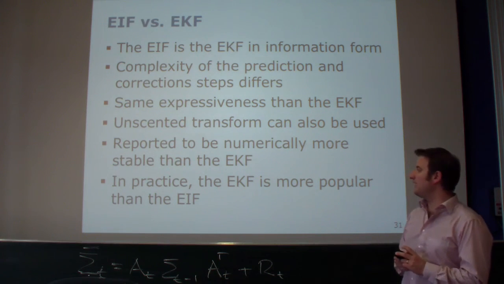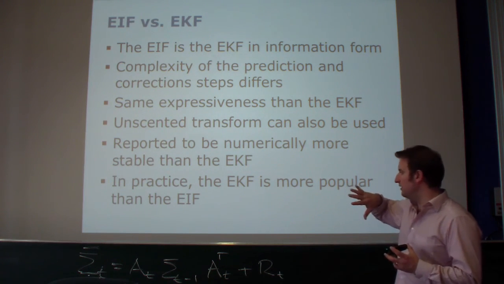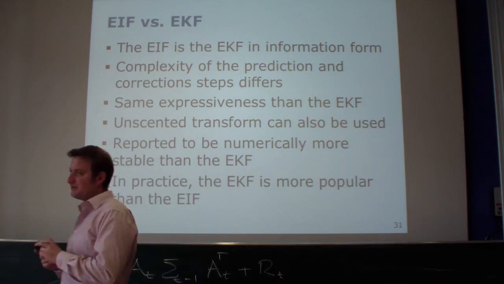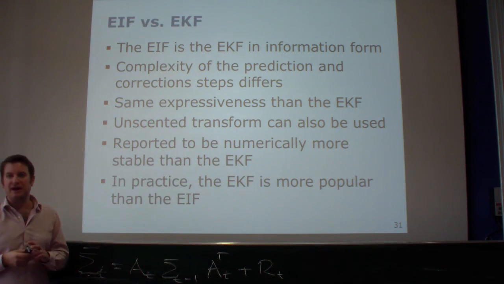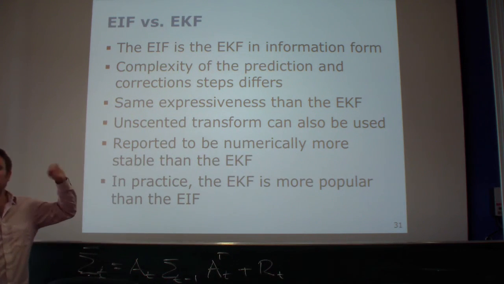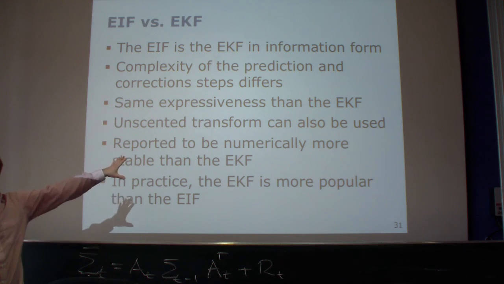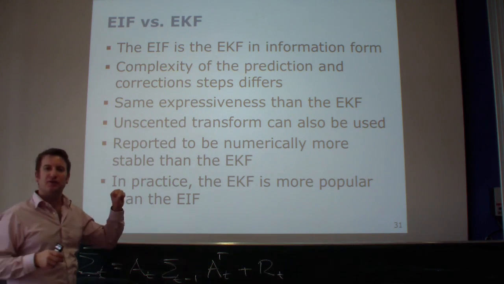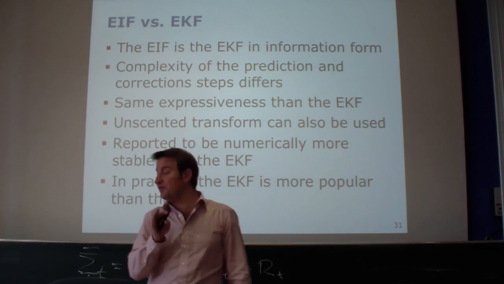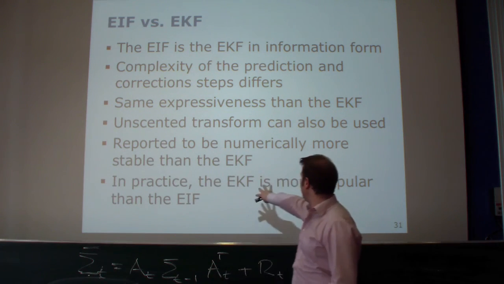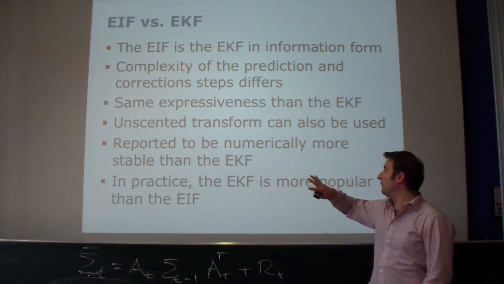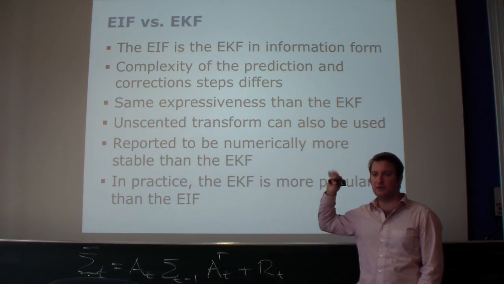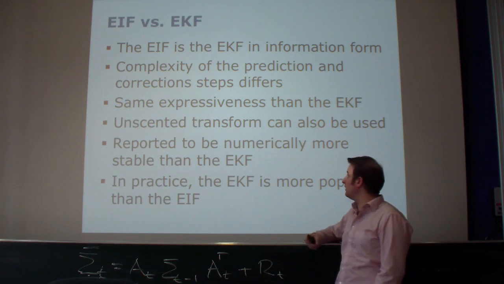In practice, the EKF, especially in high-dimensional spaces, is often more efficient than the EIF, at least if used as the plain algorithm that I presented here. There are a couple of approximations which try to fix certain issues, but at least in the form I presented it here, typically the EKF is more efficient than the EIF and also more popularly used, especially in the context of the SLAM problem.